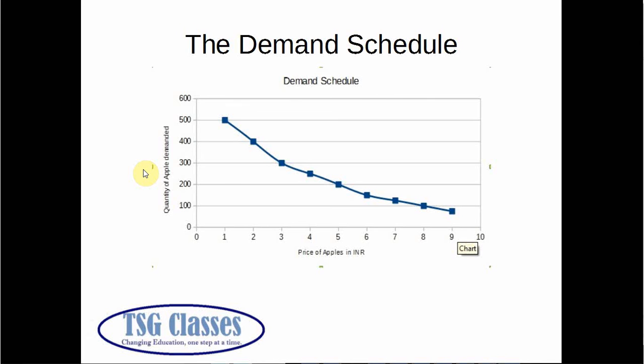But given that the rest of the graph is correct, the demand curve is a downward-facing curve, which shows that at 500 rupees a kilo, the quantity demanded is fairly low. We'll try and understand the changes that happen to demand with different variables that impact the demand schedule at different times.